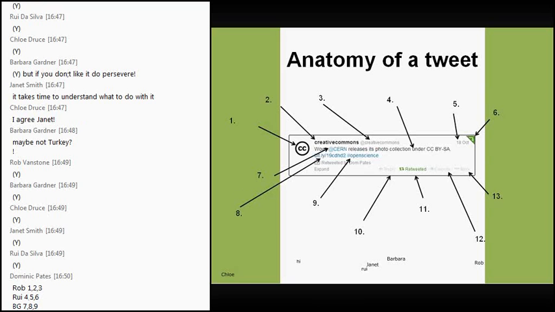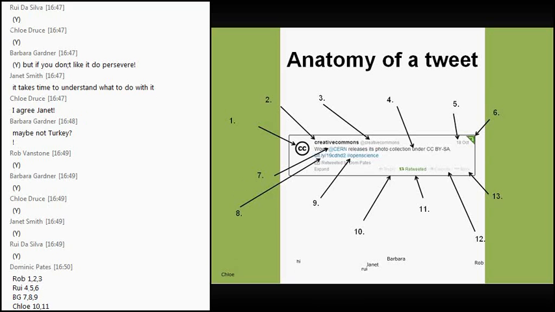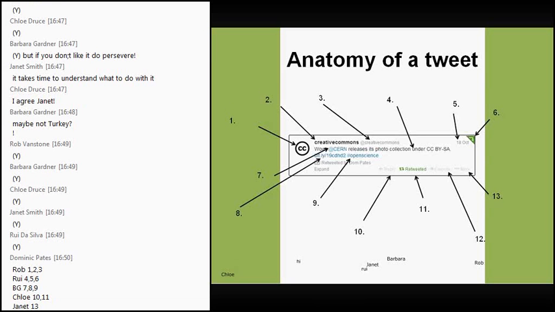Chloe, I'm going to give you 11. And Janet, I'm sorry, last one there, I'm going to give you 13. I should separate those out a little bit as well.